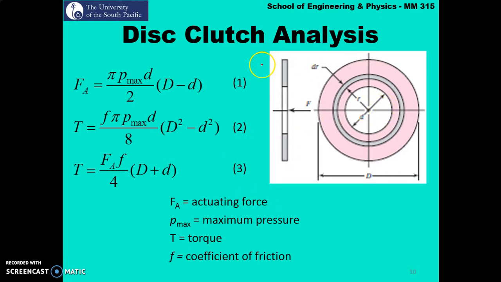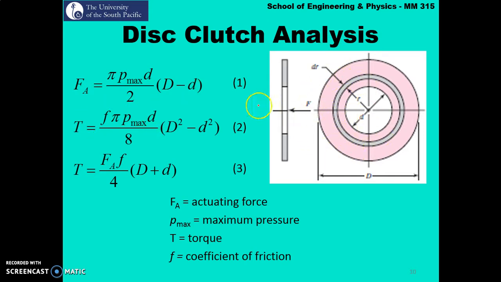These equations can only be used when we have a case which deals with uniform wear. We need to be mindful that the actuating force is independent of the number of friction surfaces, while the torque is dependent on the number of friction surfaces. Please be mindful that these equations are true for a complete disc, which is 360 degrees.